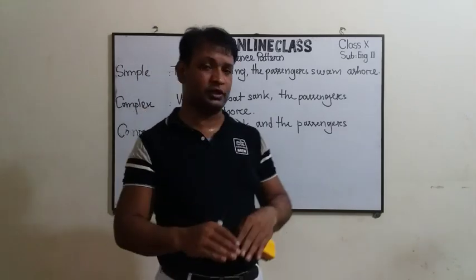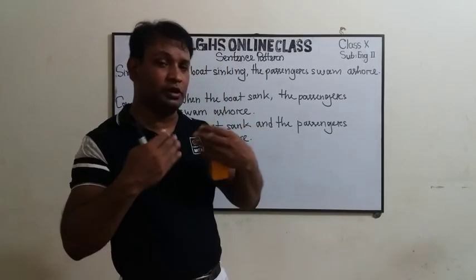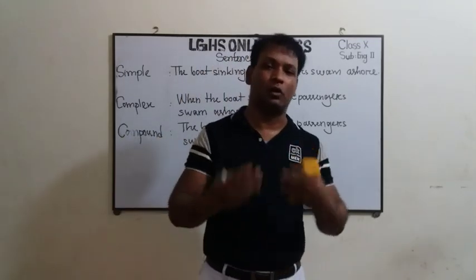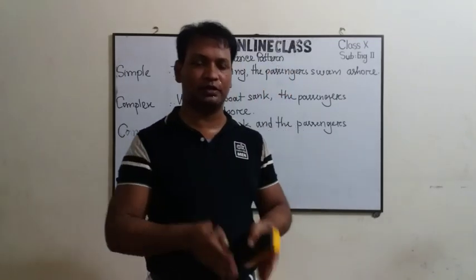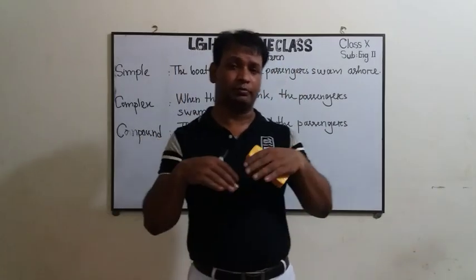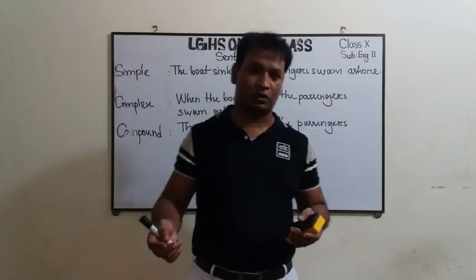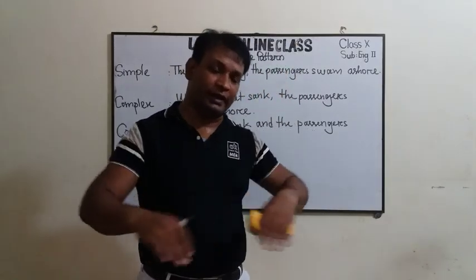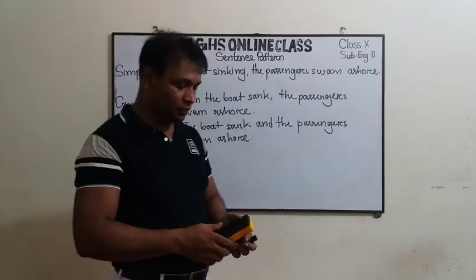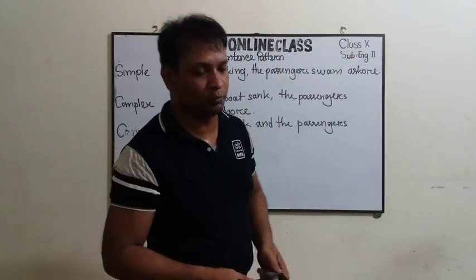The coordinate clauses are connected together by a conjunction called coordinating conjunction like and, but, or, either...or, neither...nor, not only...but also, therefore, so, yet, etc. These are the characteristics of a compound sentence. Now we are going to learn how to interchange simple, complex and compound sentences.